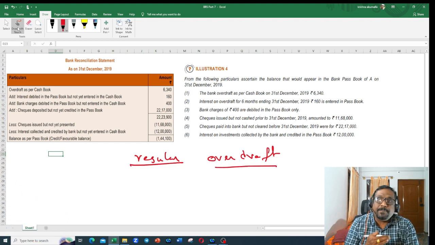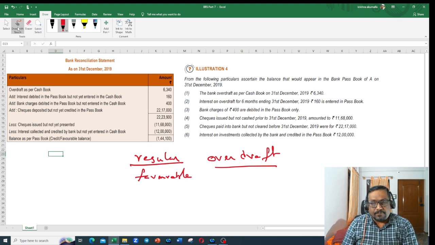Regular balance is the balance you have in your bank account. This regular balance is also called a favorable balance. Why do we call it a favorable balance? Because the balance can be withdrawn by us.